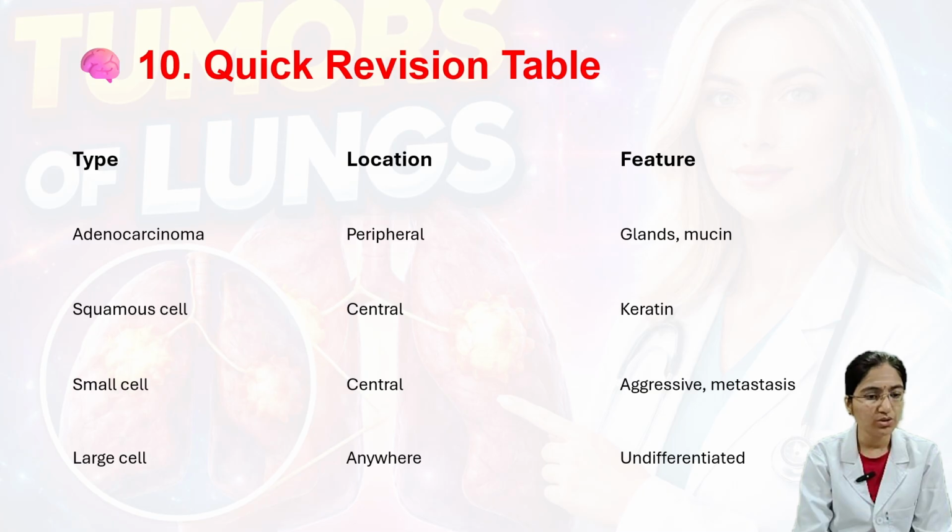The second one is squamous cell, located in the central part, and the feature is keratin formation. Small cell carcinoma is also central, and the feature is that it's a more aggressive one, with metastasis spreading. The last one is large cell carcinoma, located anywhere, and the feature is that it is undifferentiated.